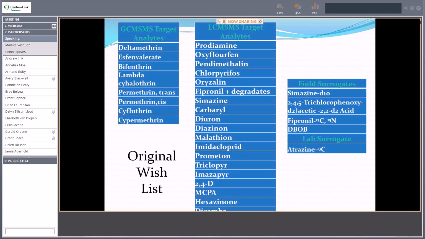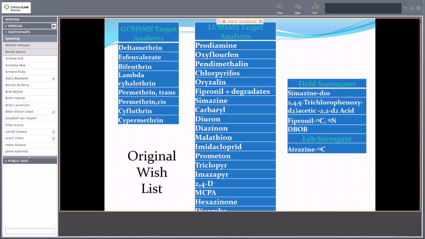So the idea being that we would spike that HLB cartridge with some known compounds that wouldn't be found in the environment prior to deployment, and so we would be able to have a measure of analyte loss upon deployment. So that's the idea of the field surrogate compounds. We also wanted to have a lab surrogate compound that we would add to the cartridge after it had been deployed out in the field and sent back to the laboratory.